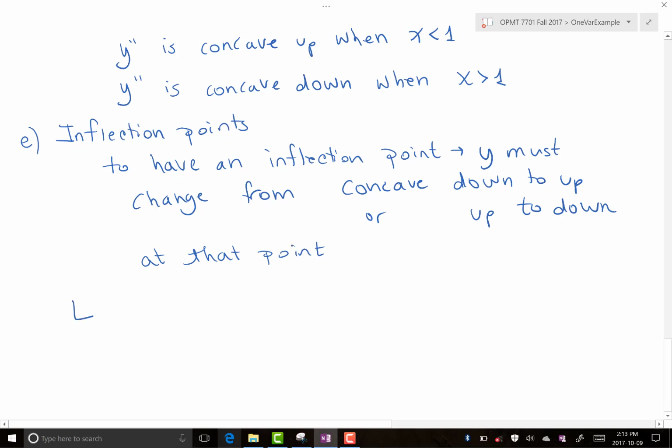So in our case, y switches concavity, we say, when or at x equals to 1.